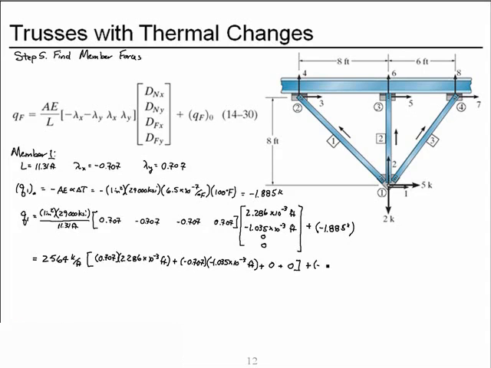And then we add our negative 1.885 kips. If I evaluate this first expression, we have 6.020 kips minus the 1.885 kips. And our final answer is 4.14 kips. It's positive. It is in tension.